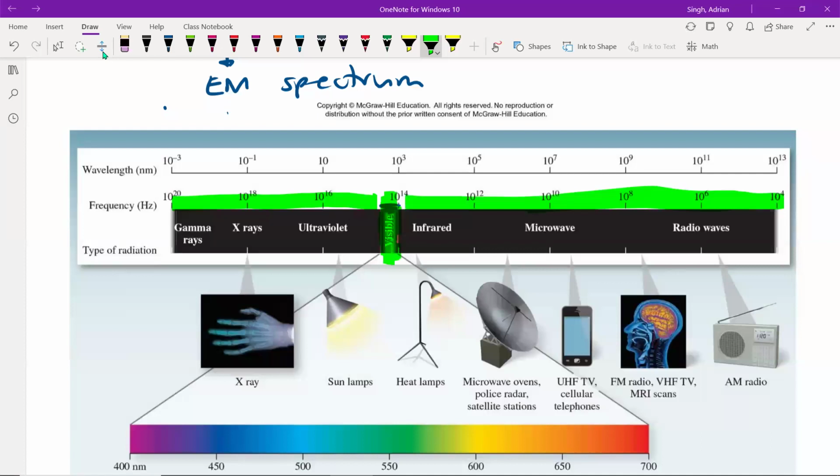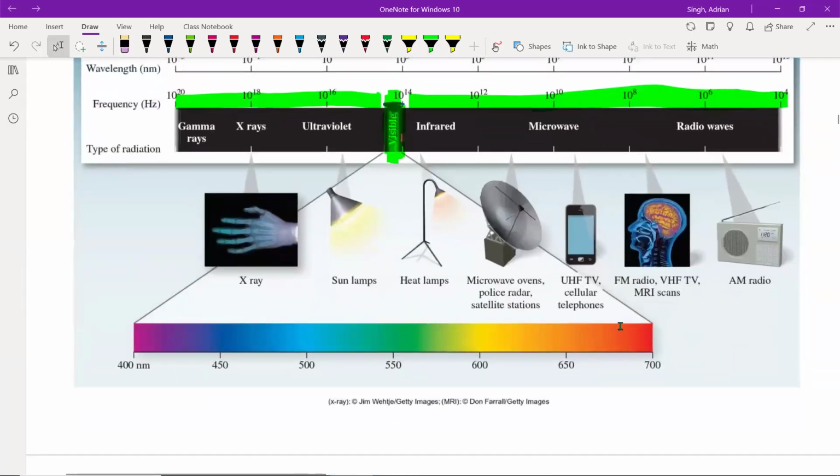So for all intents and purposes, they seem invisible to us, but they are around us all the time. So visible light, for instance, going from red all the way to violet. Red is over on this side of our little color spectrum: red, orange, yellow, green, blue, indigo, violet, right? So if you think about your ROY G BIV, which I think some of us know. If you don't know, that's fine.